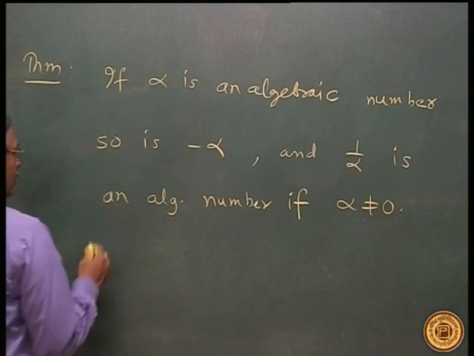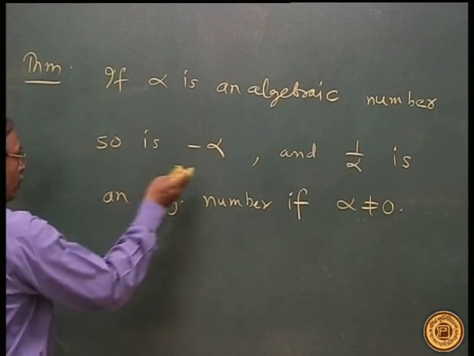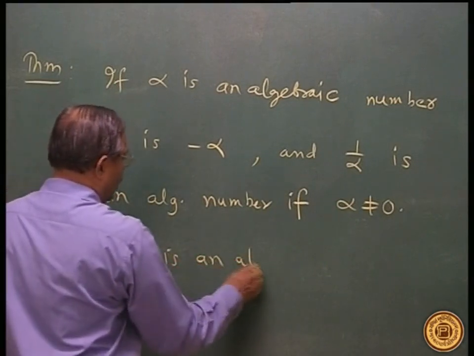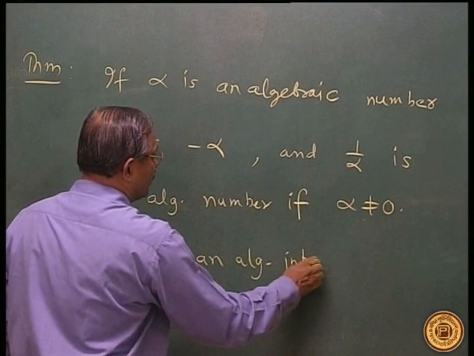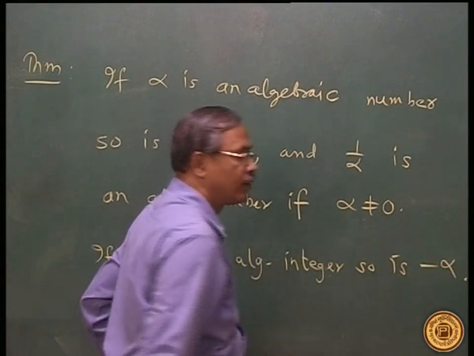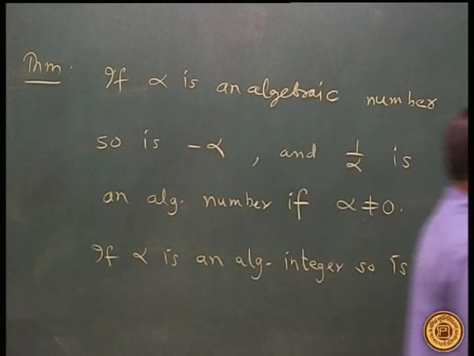And in the same way you will be able to get, if alpha is an algebraic integer, so is minus alpha. Negative of an algebraic integer is an algebraic integer.